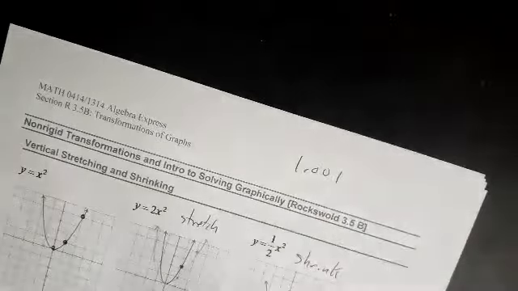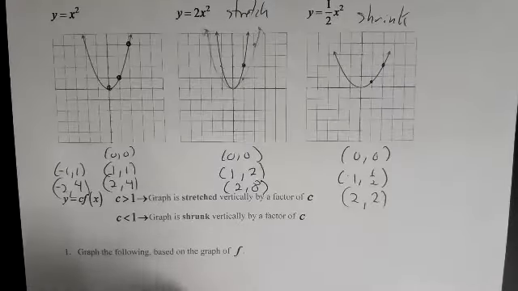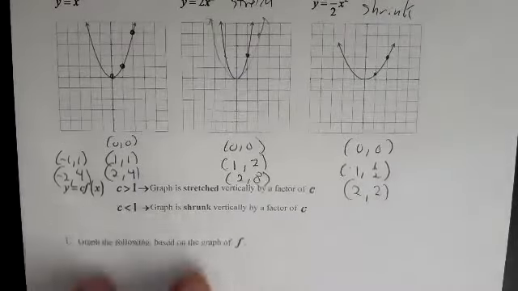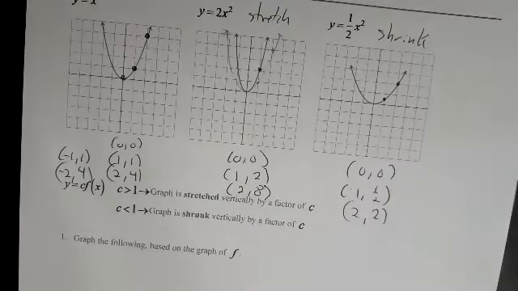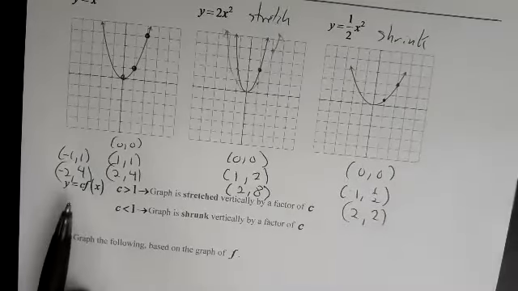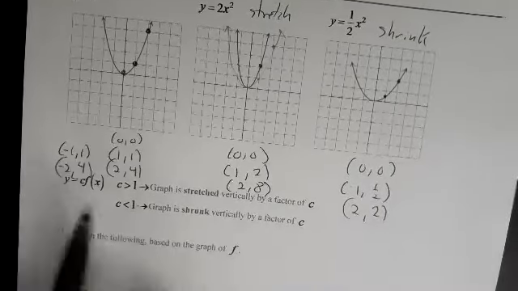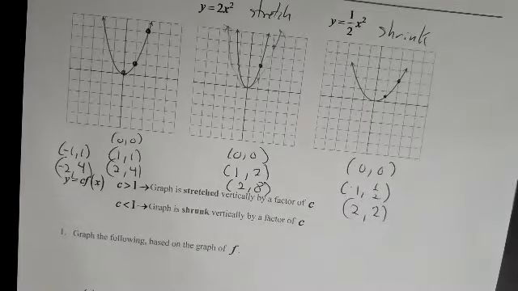Even if I multiply by something like 1 point something, it's going to get a little bit larger. Not a lot larger, but it will still get larger. If I multiply by 1, they don't tell you what that is, but that's just your original function back at you, right? So if I multiply by 1, it's not doing anything to it. So they don't even mention that. You just have your original function.